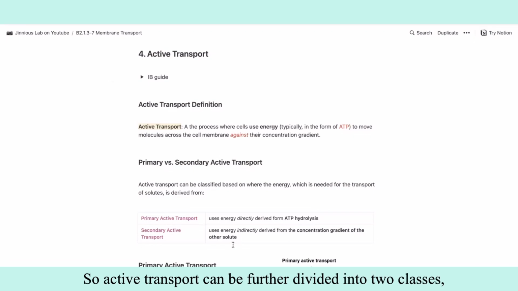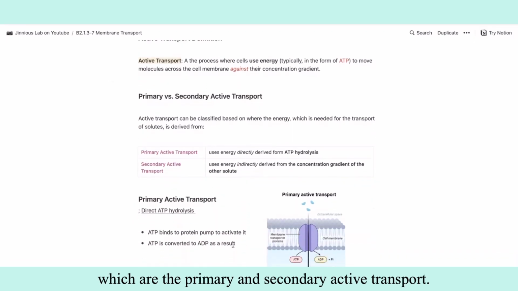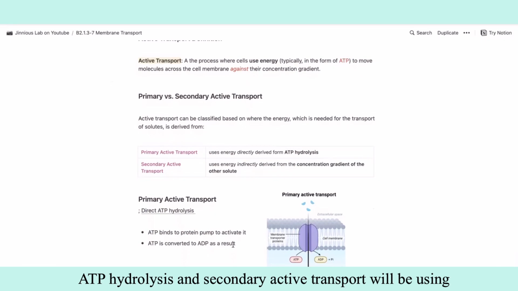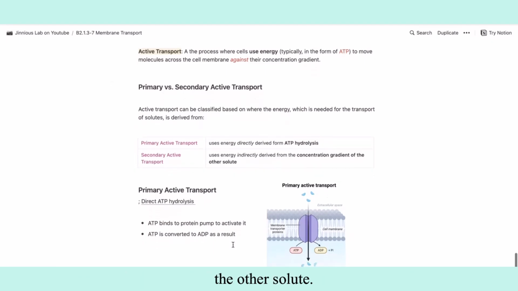So active transport can be further divided into two classes, which are the primary and secondary active transport. So primary active transport uses energy directly derived from ATP hydrolysis, and secondary active transport will be using energy indirectly derived from the concentration gradient of the other solute.